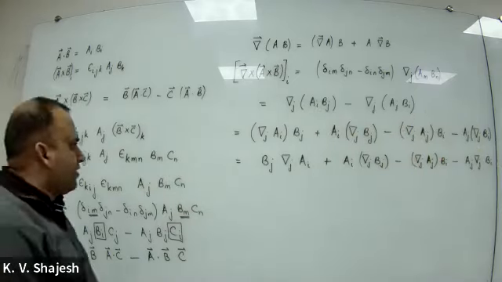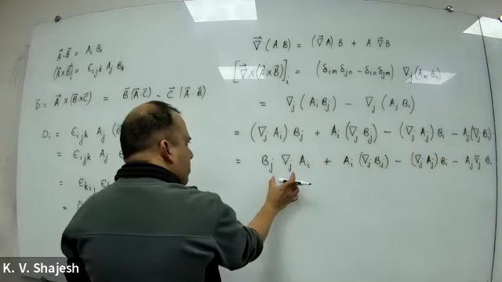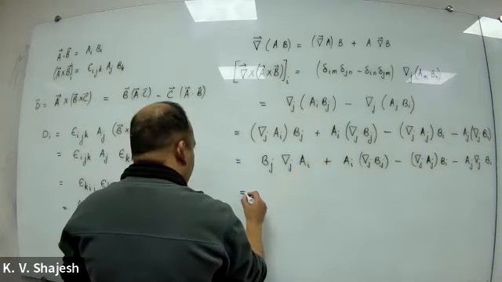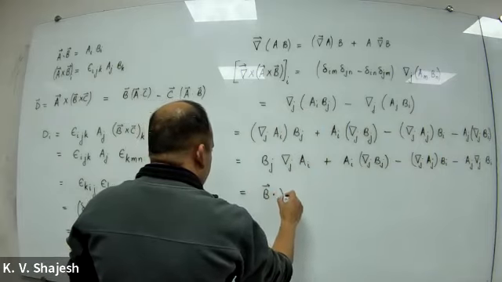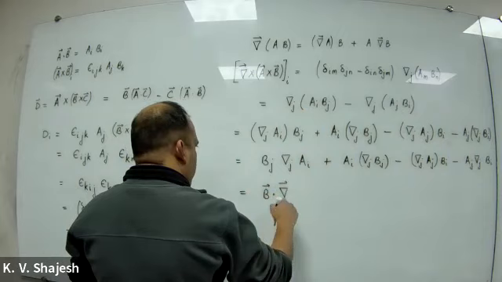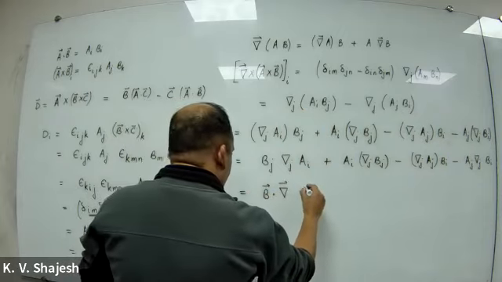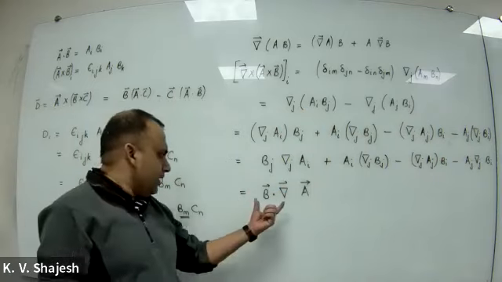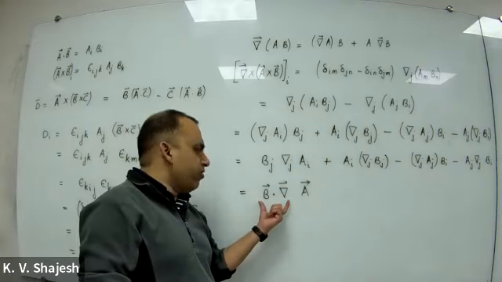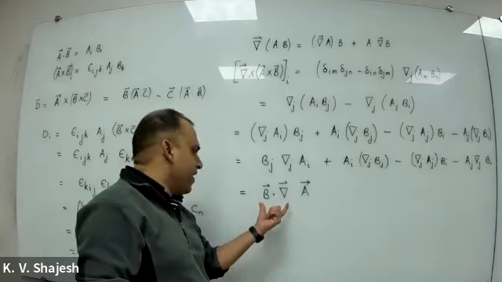Think of dot product: whenever two indices come together, there is a dot product, right? So this is the same as B dotted with the gradient, that's a dot product. It leads to the idea of what is the interpretation of B dot gradient.